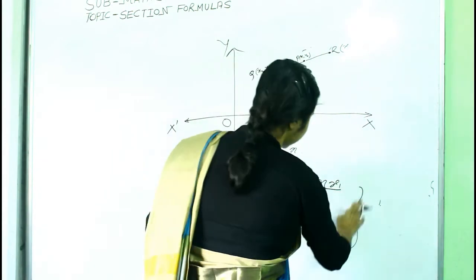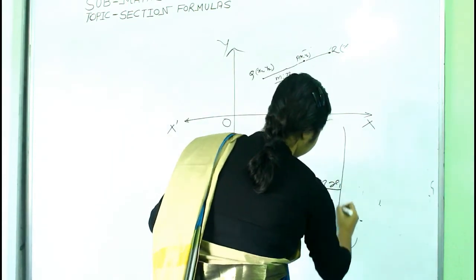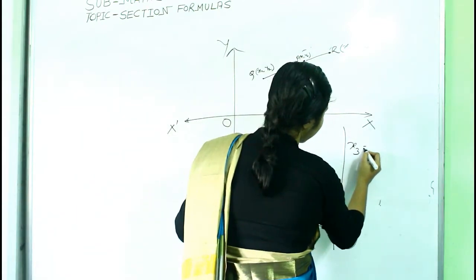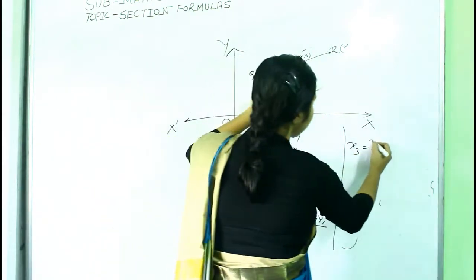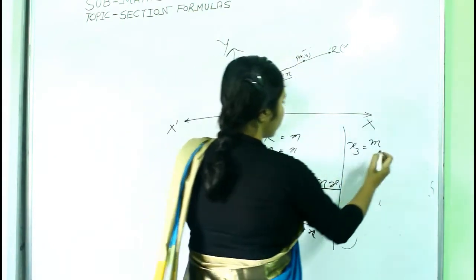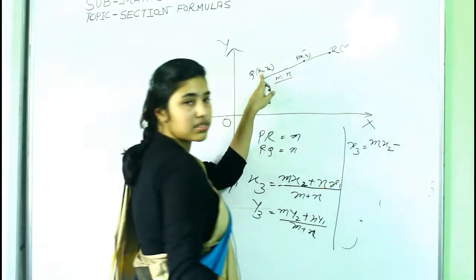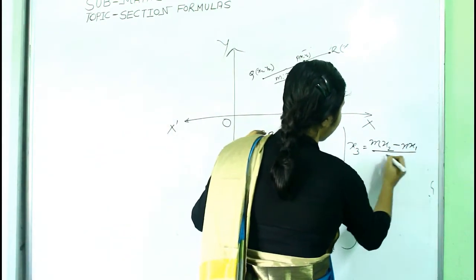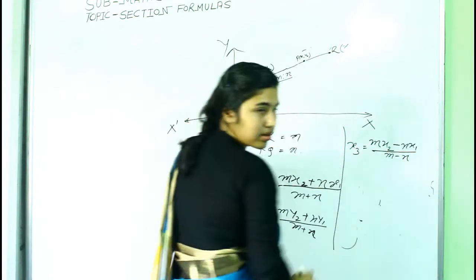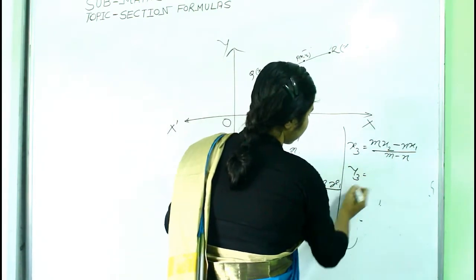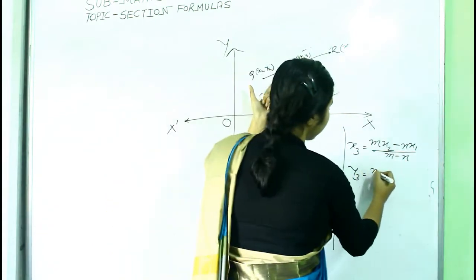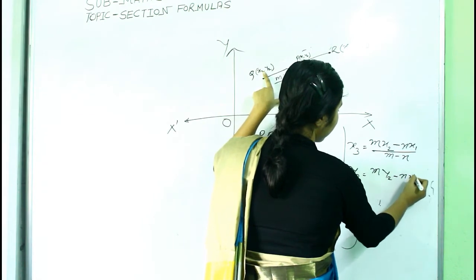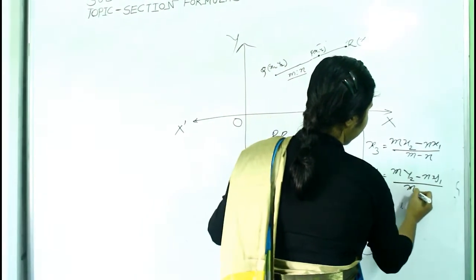In that case, the coordinates of R will be x3 is equal to m into x2 minus n into x1 divided by m minus n, and y3 is equal to m into y2 minus n into y1 divided by m minus n.